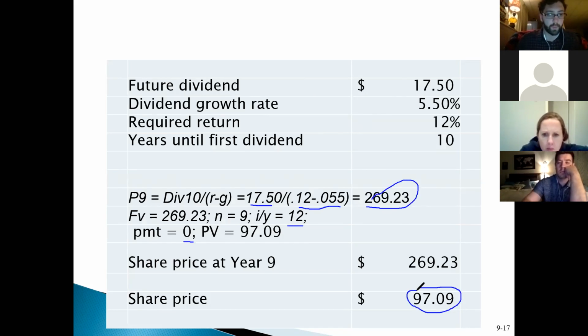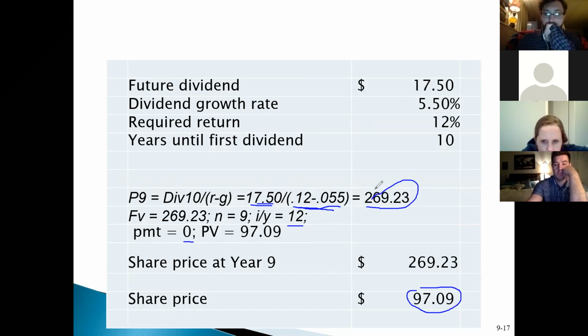So if we think about it in terms of a timeline, we'd have 9 zeros in a row. And in year 10, we have 17.50, and then it's going to start growing at a constant rate forever. So we can find the price in year 9 based on the dividend in year 10 of 17.50 divided by R minus G. The required return is 12% and the growth rate is 5.5%.